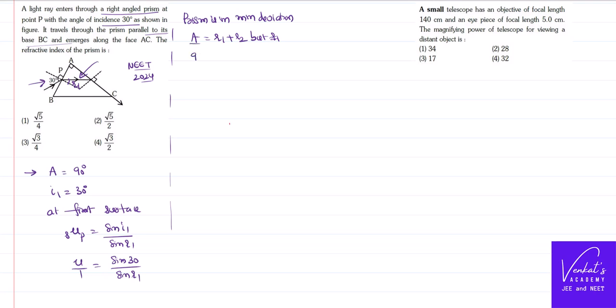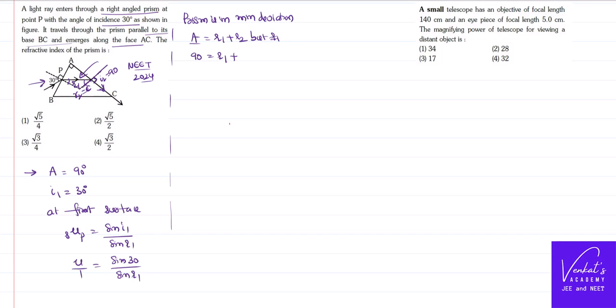the angle of the prism is 90, R1 plus R2. Look at the R2, it emerges parallel to the face like this. That means here the angle of emergence I2 is 90 degrees. This particular angle of incidence, which we call R2, is then the critical angle.